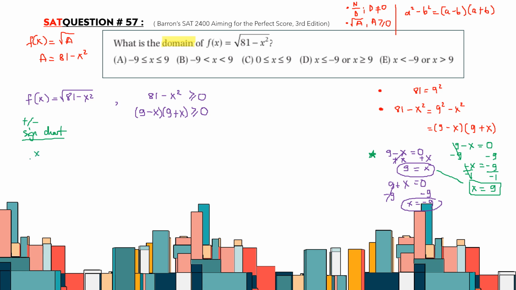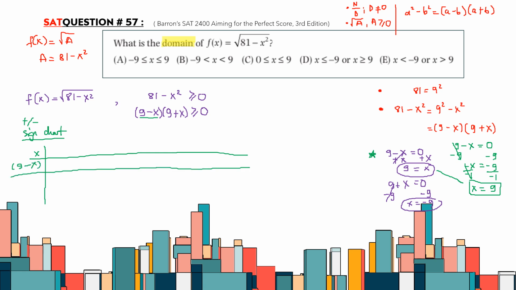So we have x, then the factors: this is one factor, 9 minus x, then 9 plus x, another factor right here.